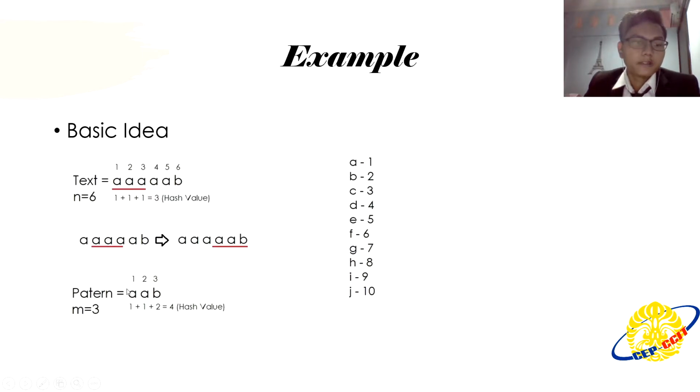But the pattern, which is AB, 112, has 4 hash values. So there is no match. The text and the pattern are not the same, not equal.